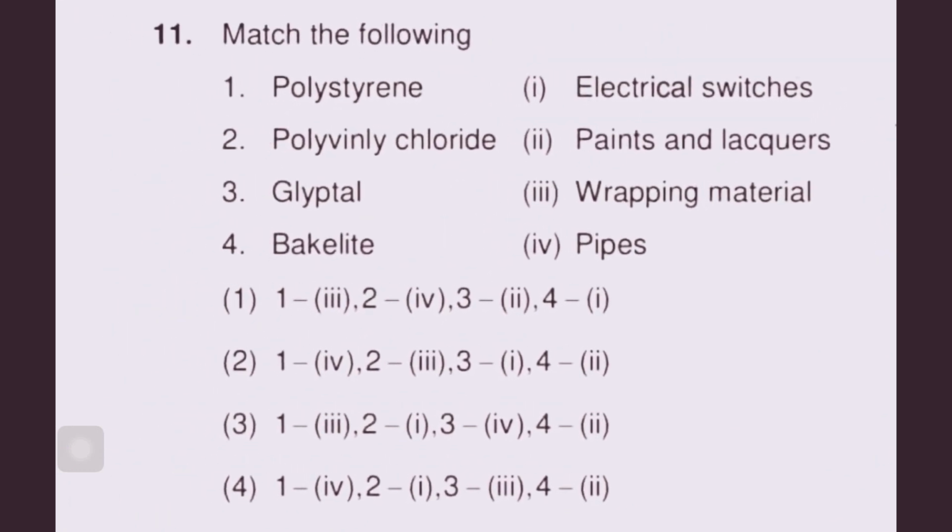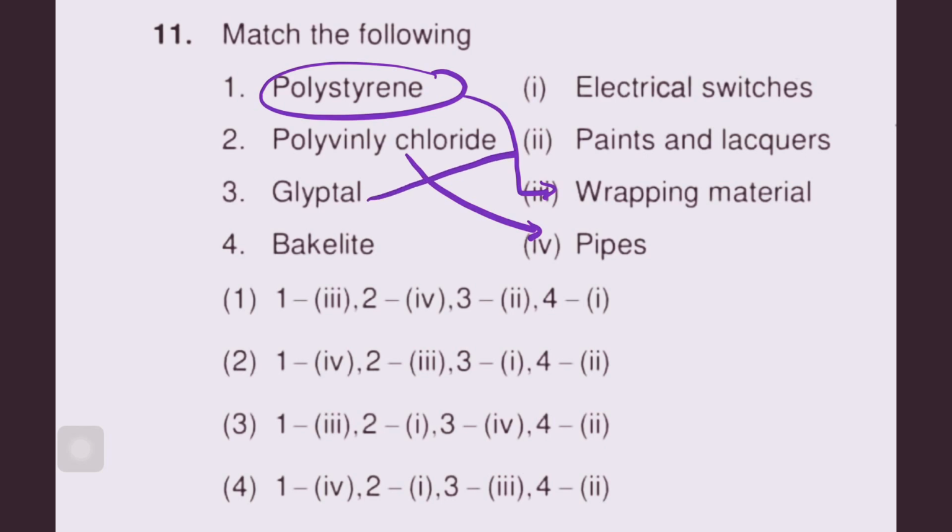this is directly based on the application of polymers. Polystyrene is basically used for wrapping material. Polyvinyl chloride is used for PVC water pipes basically, so it is water pipes. Glyptal is for paints and lacquers. Already it has been asked in JEE previously. Glyptal, very important.